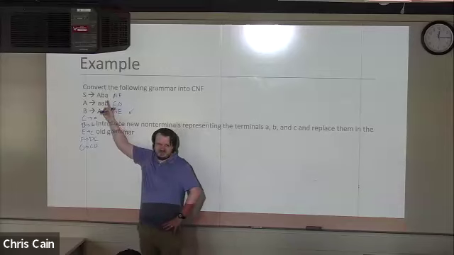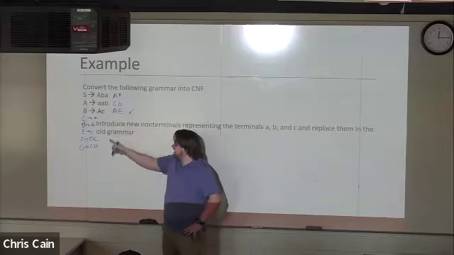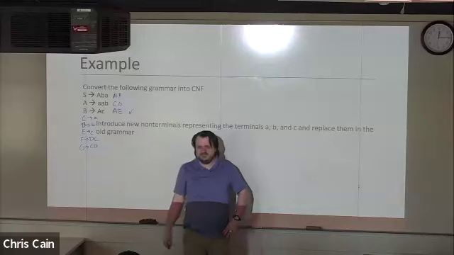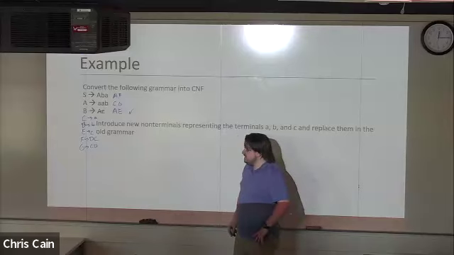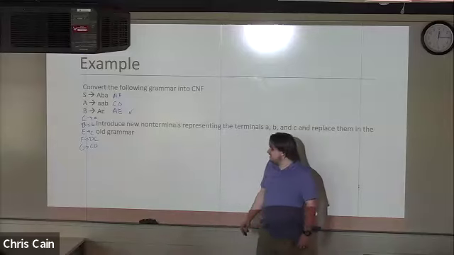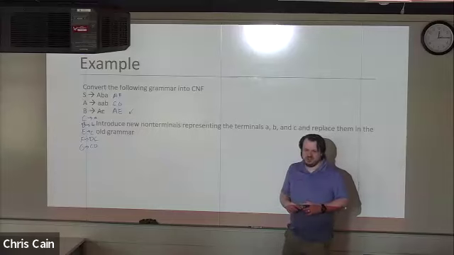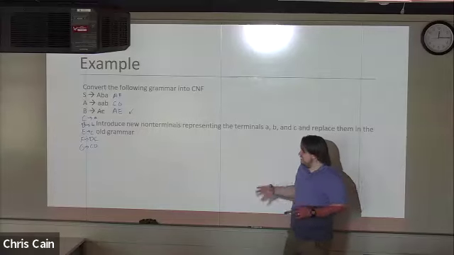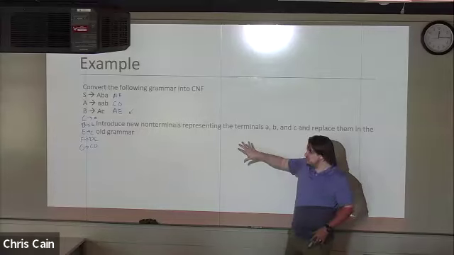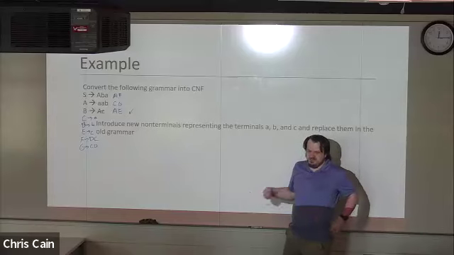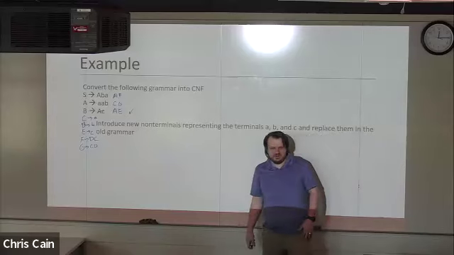Anything that's length 3 has to be broken down into 2. Anything that's length 2 is already going to be good. You may be able to reuse some of these if you intelligently see that the first 2 map to something that exists, so you can make these a little bit smaller. But if you're algorithmically doing this process, then you just need some way to ensure that it works.